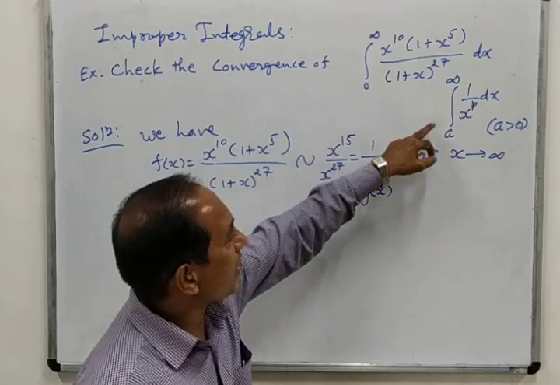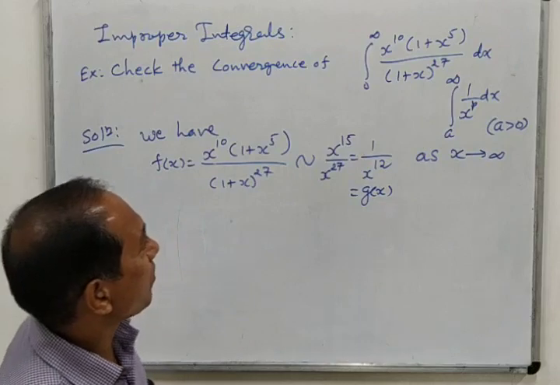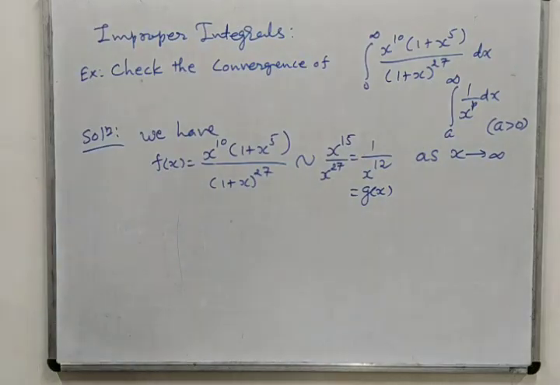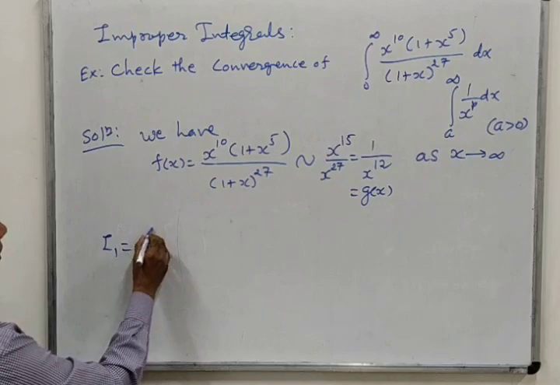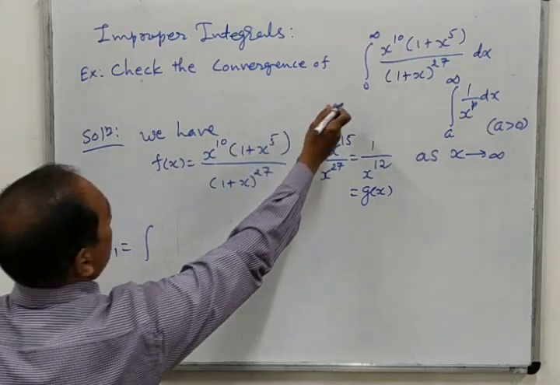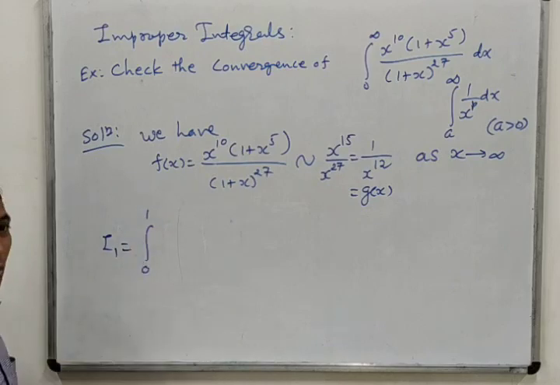So we cannot apply the comparison test directly, because here we want to use the p integral, and in this p integral a is greater than 0. So we will have to write down first, the given integration we will denote by I, and we will split this into two parts.